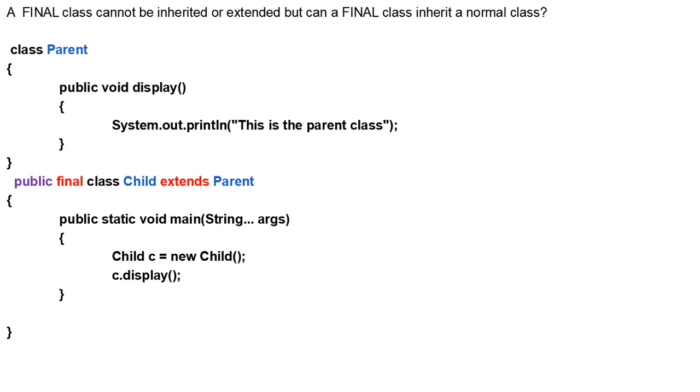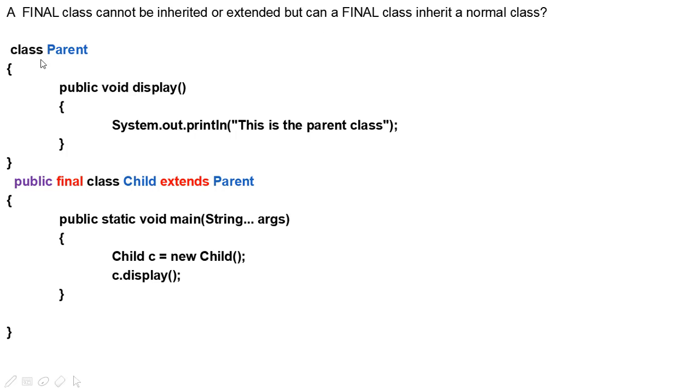But what if you are using the final keyword with a class and that class is trying to inherit some other class? So can a final class inherit some other class? It cannot be inherited, but can it inherit some other class?